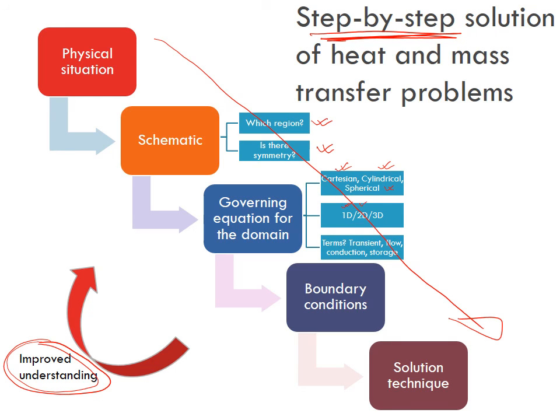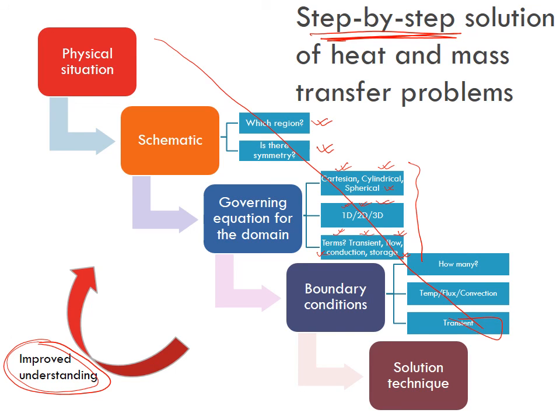Is it 1D, 2D, 3D? Then, are the transient term, the flow term, the conduction term, the storage term all needed? Those are the decisions that you make for the governing equation.